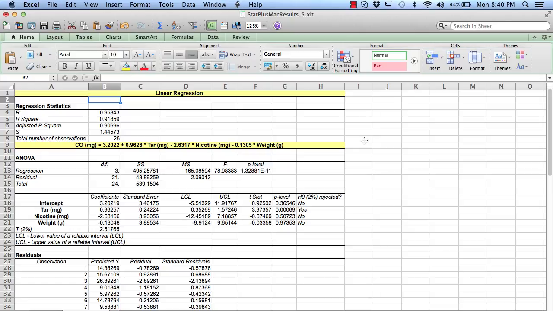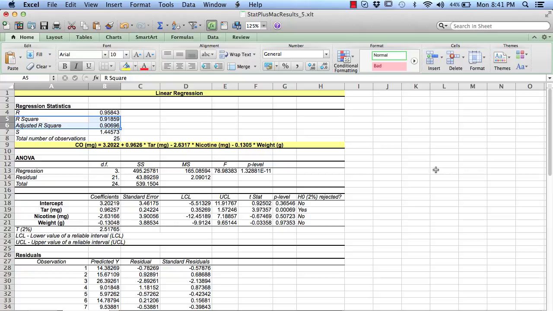Okay, so the most important things that you want to make note of on this output. First one is R² versus adjusted R². So we saw yesterday that R² value is the proportion of the variance in the dependent variable data that is accounted for or explained by the independent variable.